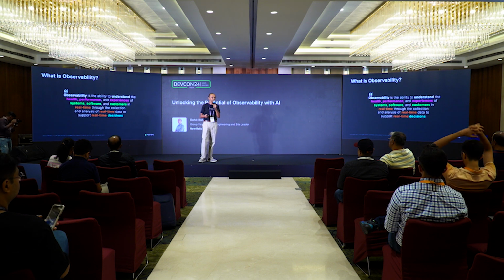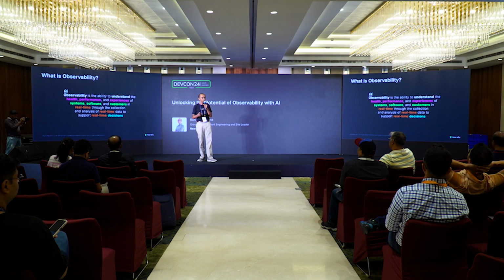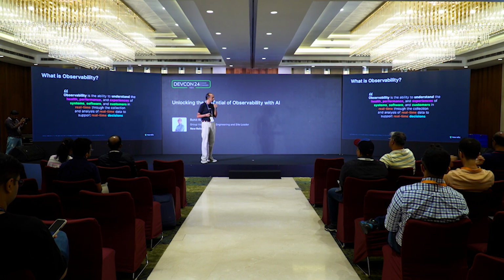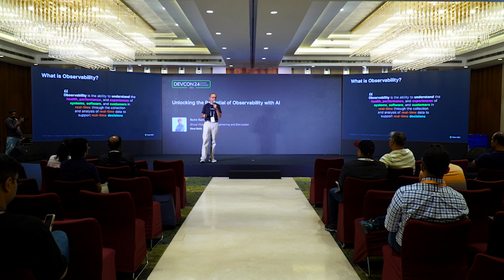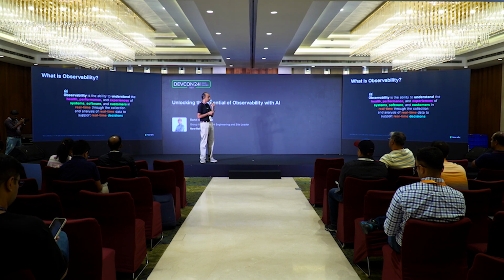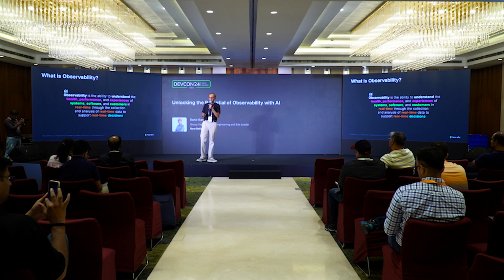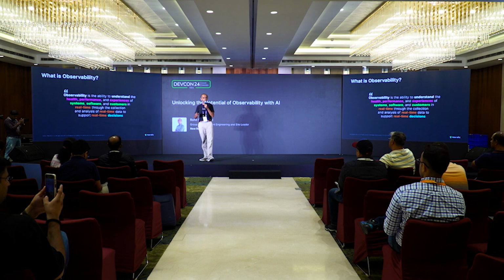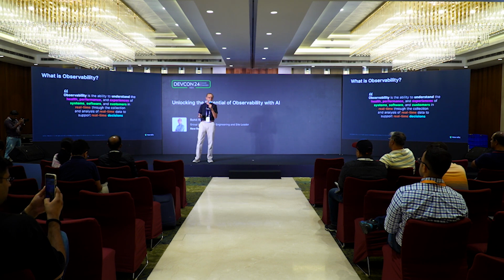These are three aspects of it, and all three are very important. We can't just focus on the infrastructure or the system, we also have to focus on the customer's experience. And when we do it with real-time data and analysis, it helps us make real-time decisions of what's happening in our systems.